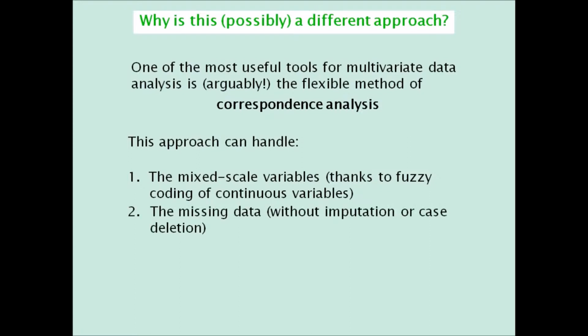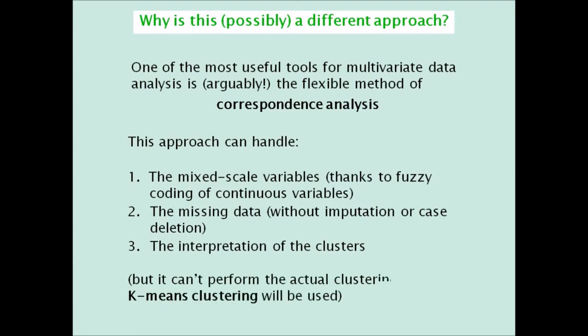Correspondence analysis can handle missing data without imputation or case deletion, since a missing response can simply be coded as an additional category. Finally, it can help in the final stage with the interpretation of the clusters, which just define another categorical variable. But for the clustering itself, k-means will be used.